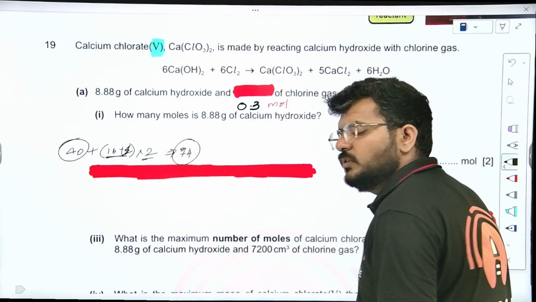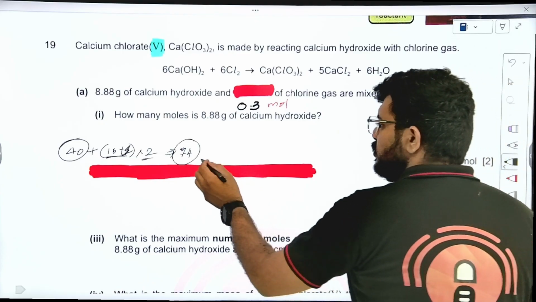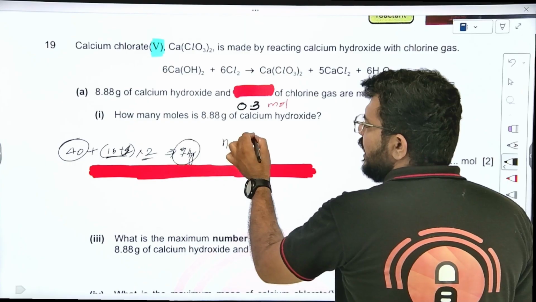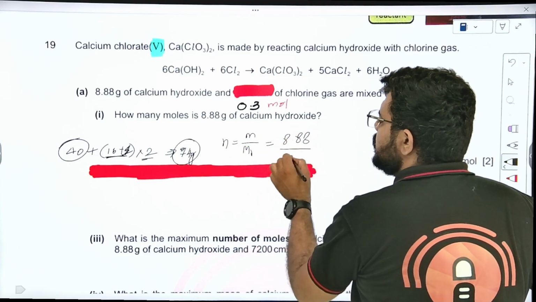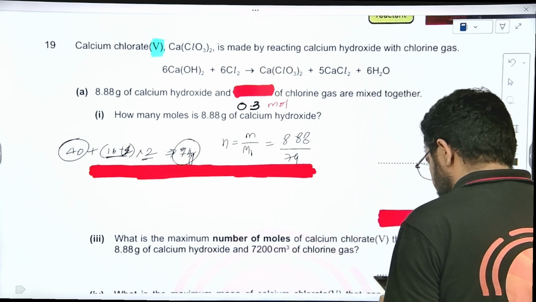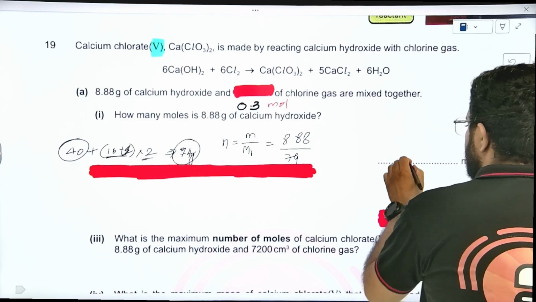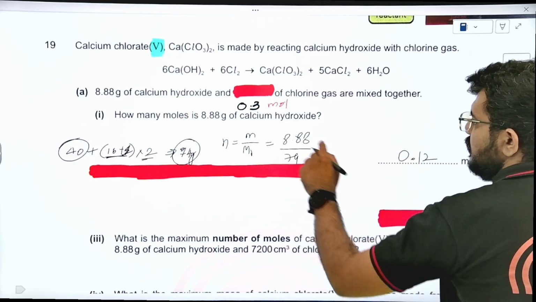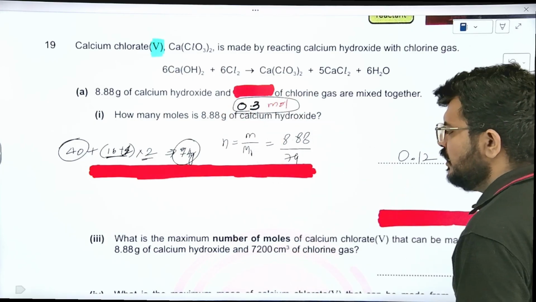We have already found this out somewhere in the question above. So 74 gram is 1 mole, so number of moles is m upon Mr, which is equal to 8.88 upon 74. So let's quickly do that. 8.88 divided by 74. You have 0.12 mole of calcium hydroxide and you have 0.3 mole of chlorine gas.